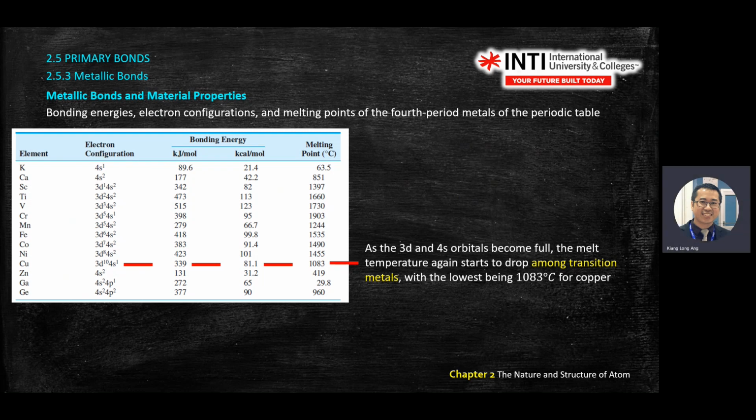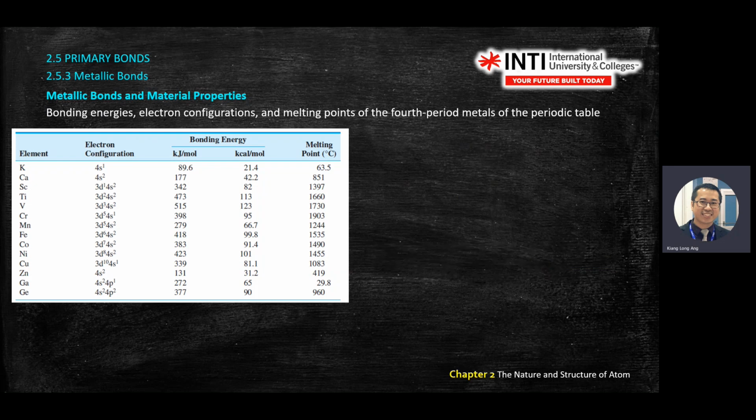Then you see this one, the bonding energy, so and so, melting point, so and so. What else? Then the rest is quite high compared to that one. You look at this table and then you compare side by side with the periodic table.